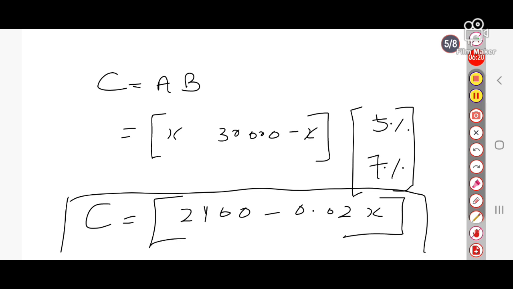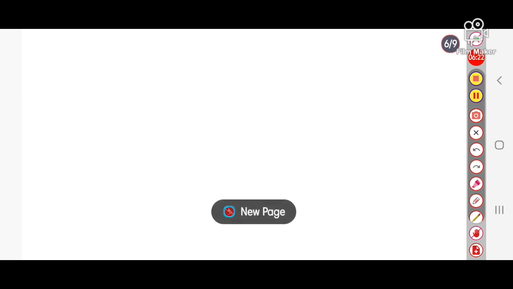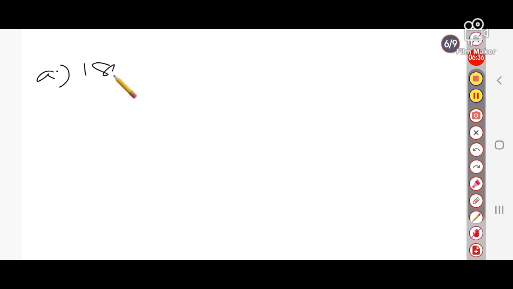Now in the question, they have given two subdivisions. Subdivision A is 1800 and subdivision B is 2000. First we will solve subdivision A, that is 1800. If the trust fund must obtain an annual interest of rupees 1800, that is when the C value is 1800, what is the value of x is what the question is.